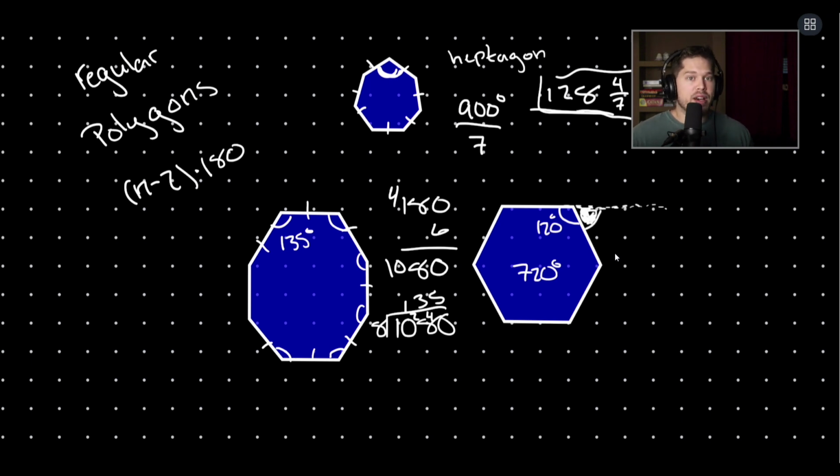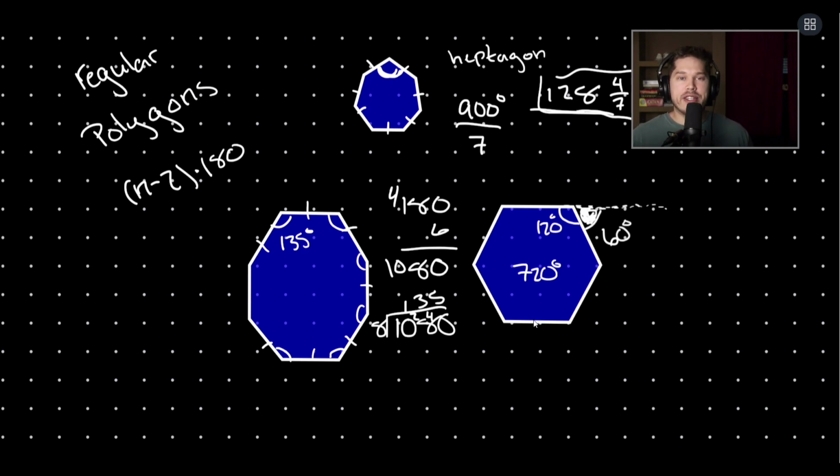Therefore, because your exterior angle forms a linear pair with your interior angle, that means the two are supplementary. Okay? So what is supplementary to 120 degrees? Well, 60 degrees is supplementary. Therefore, 60 degrees is your exterior angle measurement.